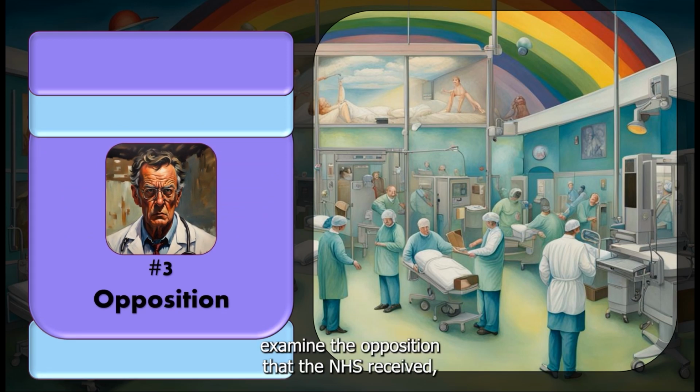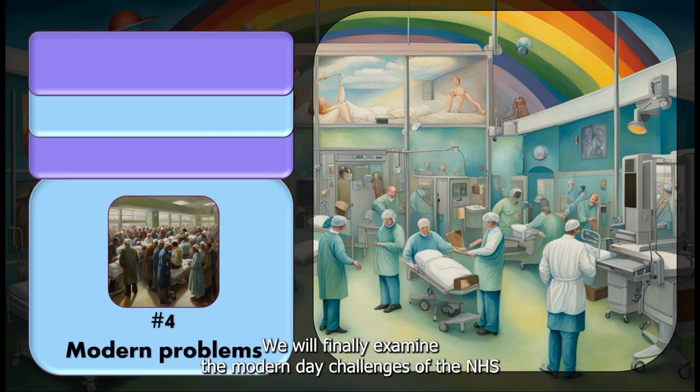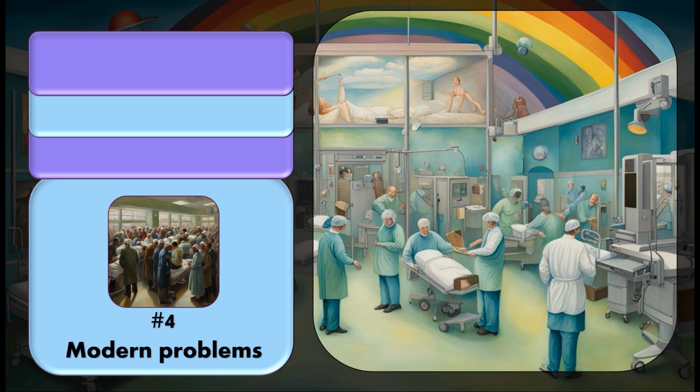We will then examine the opposition that the NHS received, especially from private doctors at the time. We will finally examine the modern-day challenges of the NHS to consider whether it has become a victim of its own success.